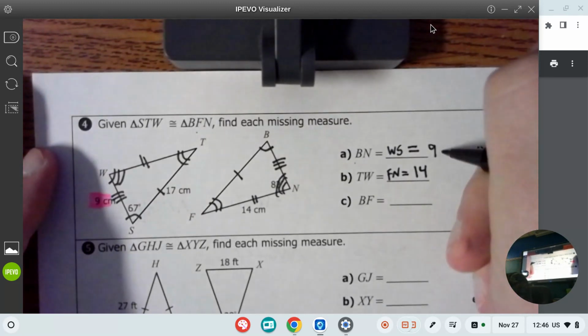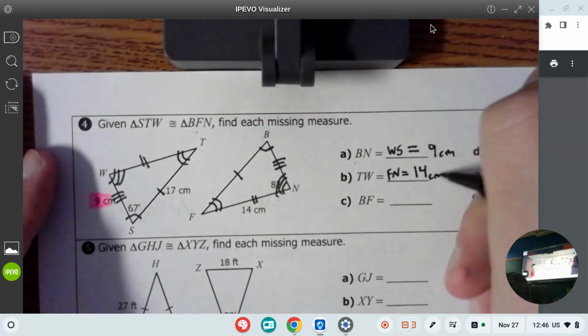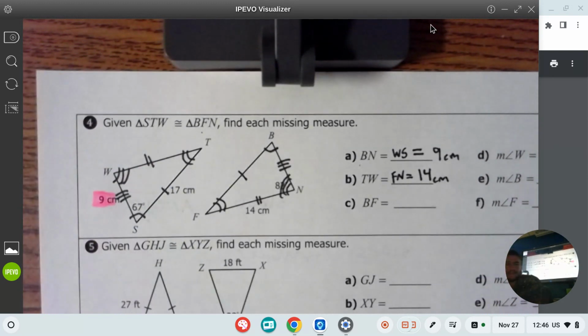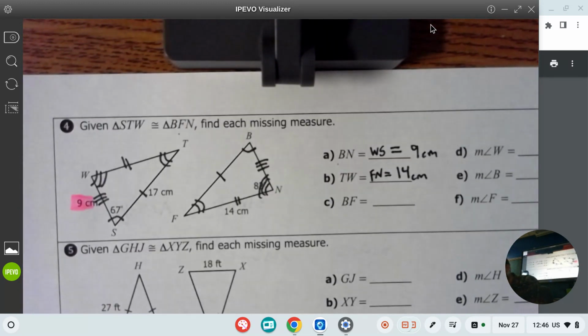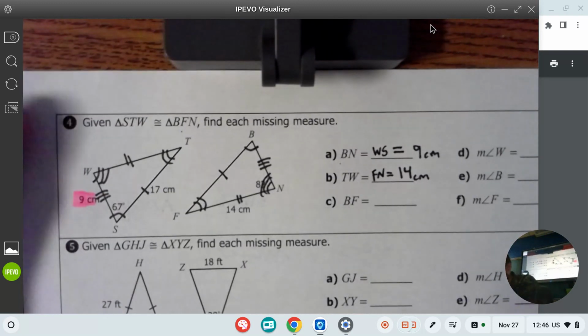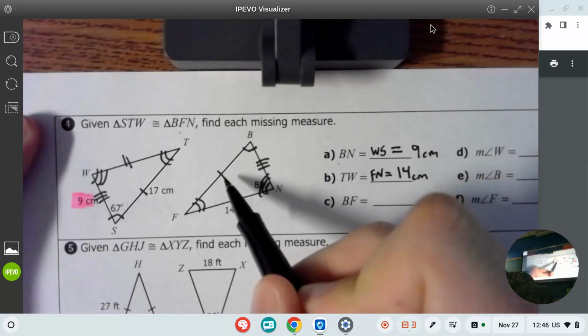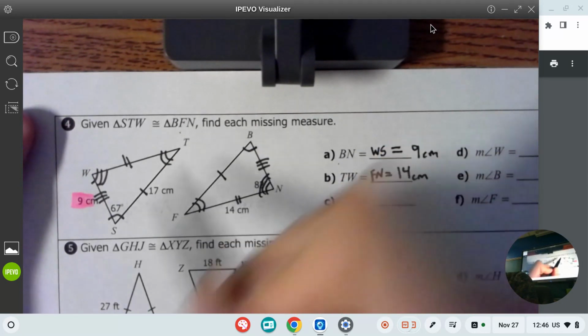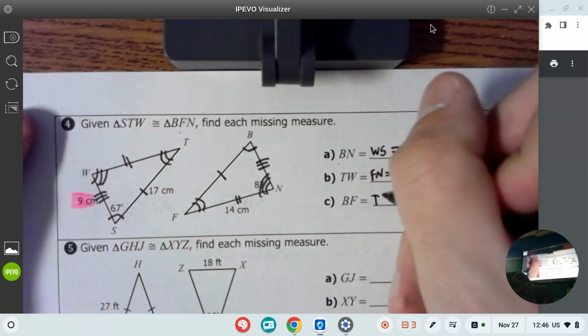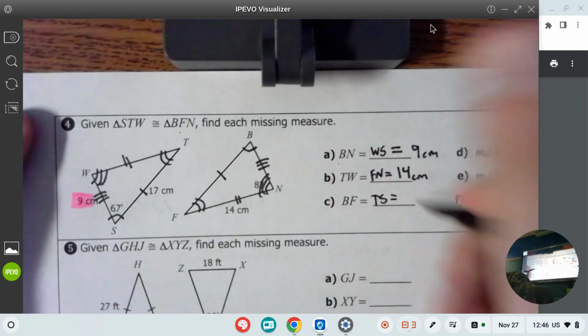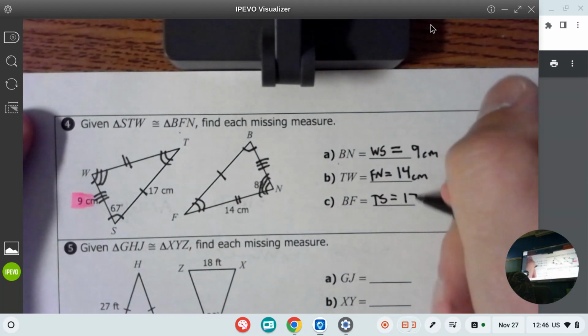And I guess these are centimeters, so we'll be teachers' pets and put centimeters on there, you know what I mean? I feel like they're trying to get me in trouble with this FN and BF, but whatever. So BF is 1, TS is also 1, and TS, they've given us a value, is 17.